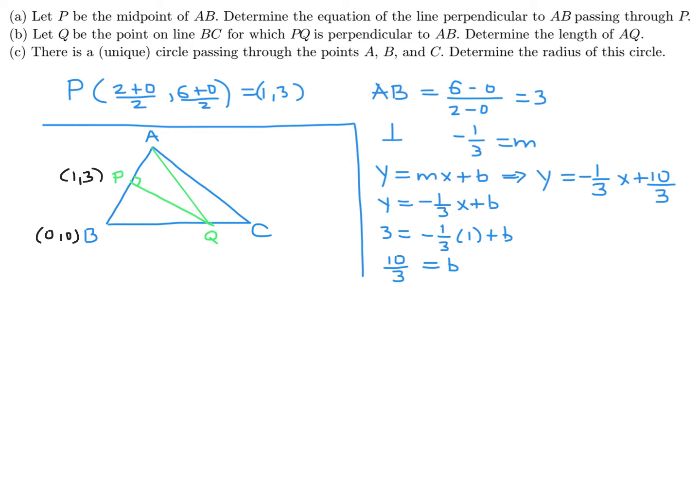So Q I will have to figure out. But one thing I do know is that since C was (14, 0), that means that Q is on that line. So that means that the y coordinate is 0 for Q. So it's some x coordinate, but then 0. Okay, so that's good because that means there's only one variable. And then A was (2, 6). Okay, sure. This shouldn't be too big of a deal.